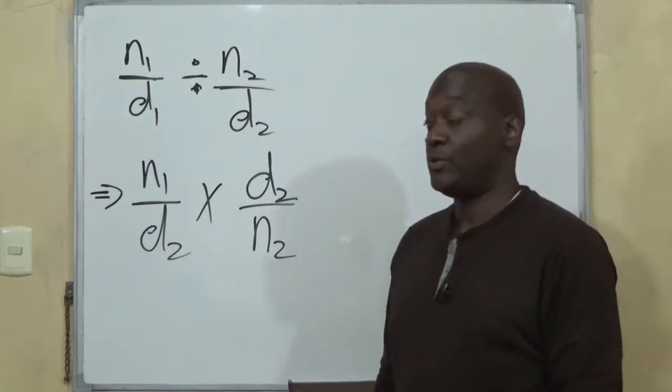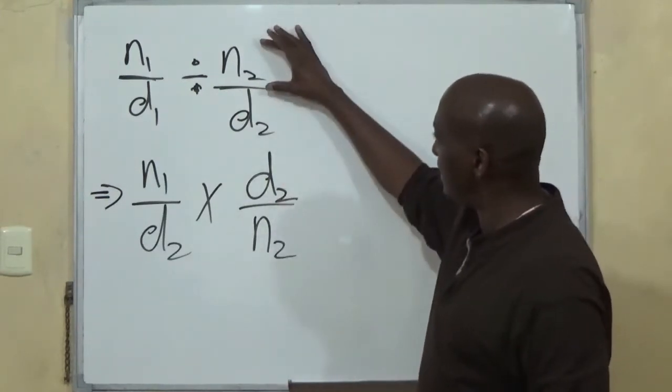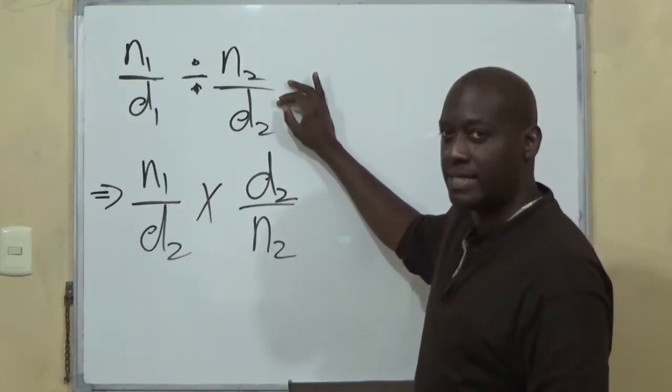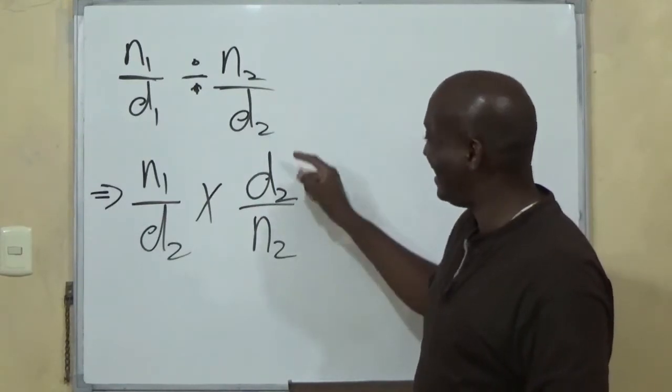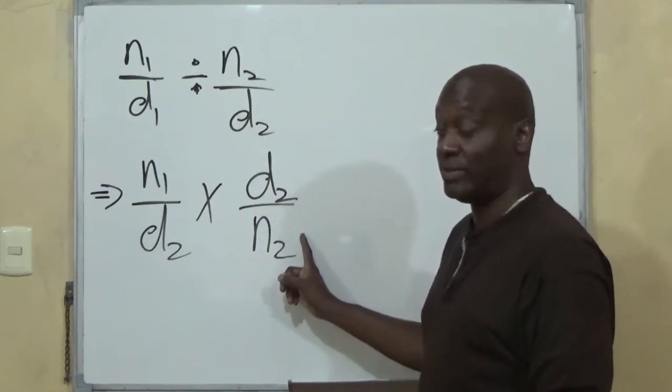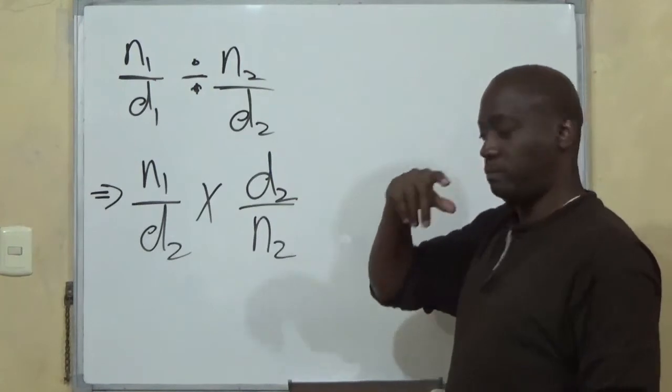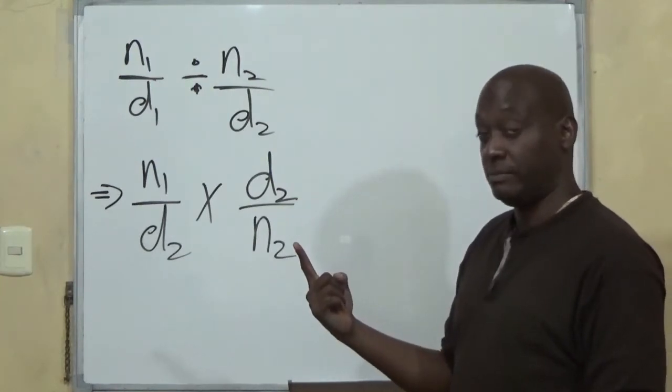So if you're dividing by n2 over d2, that is the same thing as multiplying by d2 over n2. In other words, you flip the numerator and the denominator, and you also flip the operation.